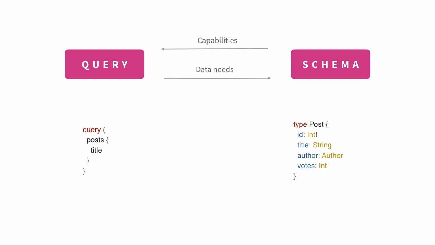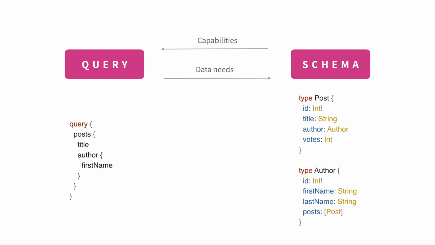It describes a schema on the server, and the client knows about that schema through a fetch and an introspection query. And we see that we get the capabilities from the schema, and then the query has the exact data shape that we need, requesting posts and title, and we get exactly that data.